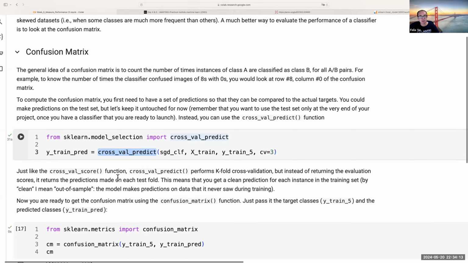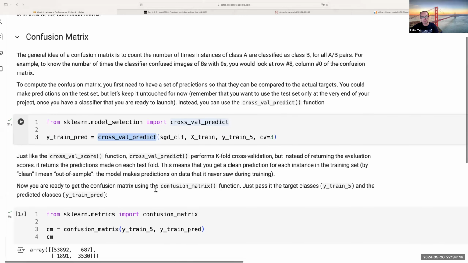It's like cross_val_score, because if we are doing k-fold cross-validation, all data is used once and only once as the validation data set. So this prediction is done when the data is being used as the validation set. Instead of returning evaluation scores like cross_val_score, it returns the predictions on each validation fold.